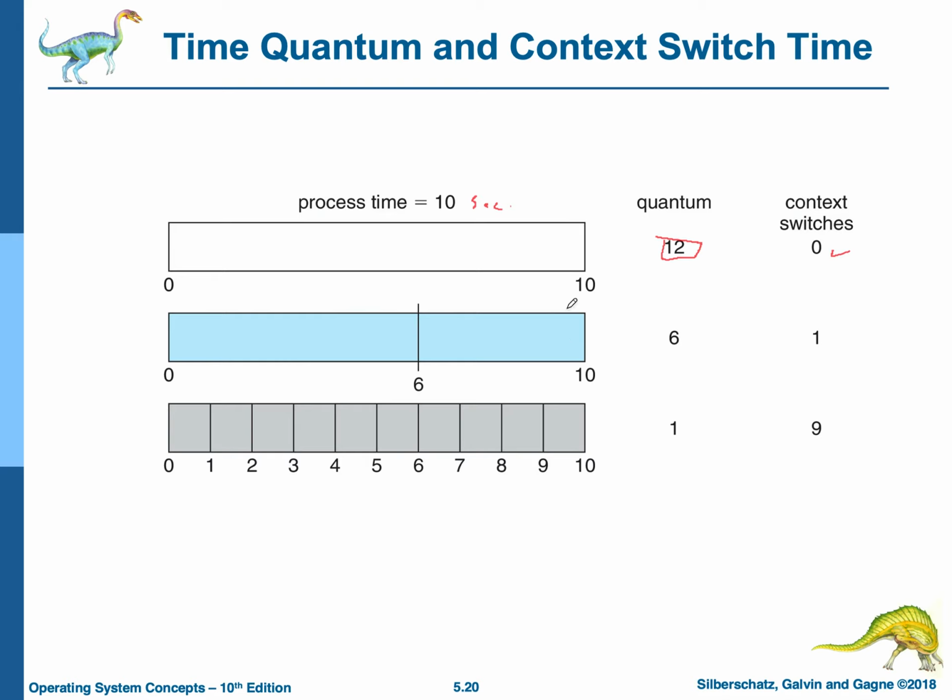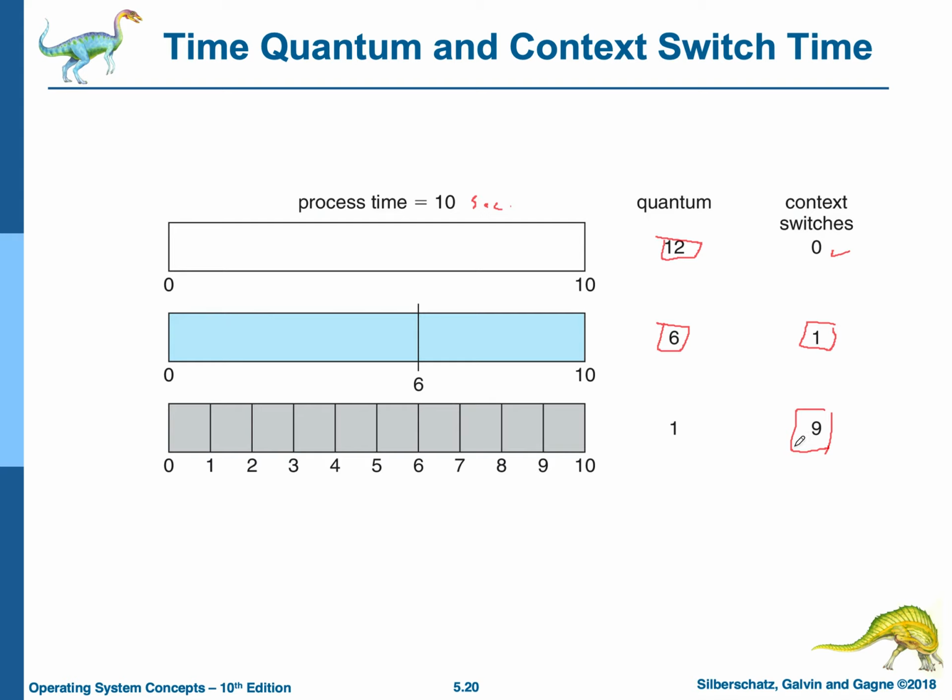But if the same process with quantum we perform with 6 quantum time, then there is one context switching. But if we have the quantum length of 1, then we have to fall into many number of context switches. So we have to do 9 times context switching from one process to another process.